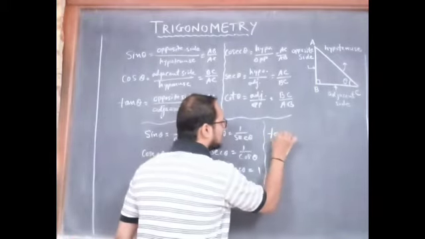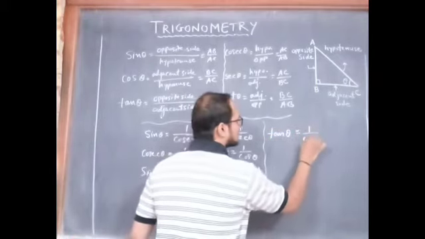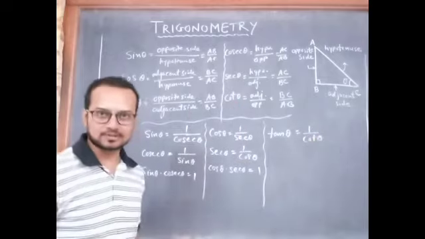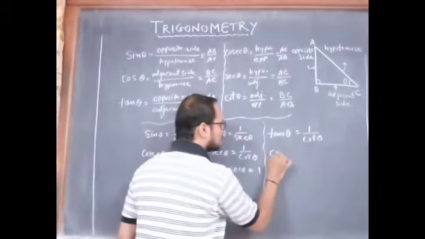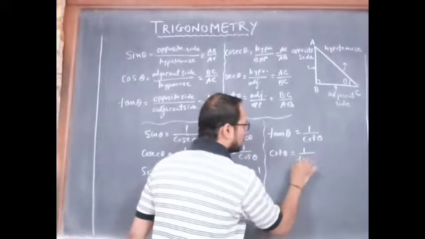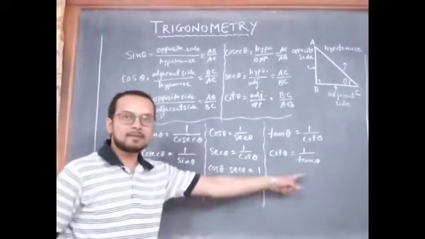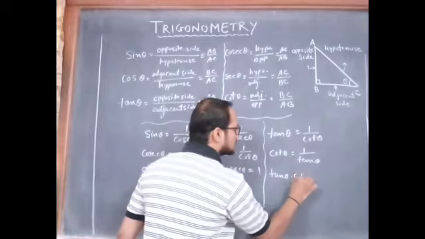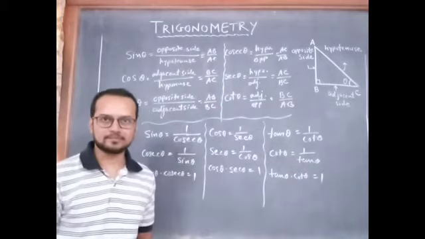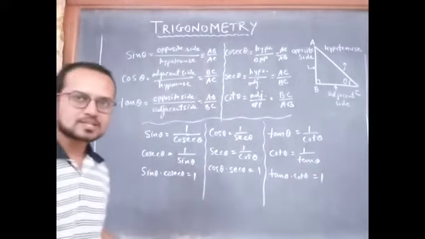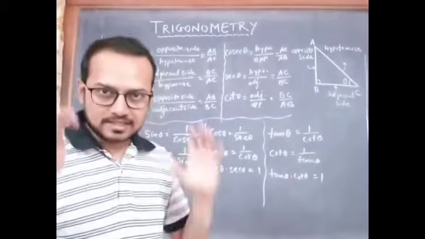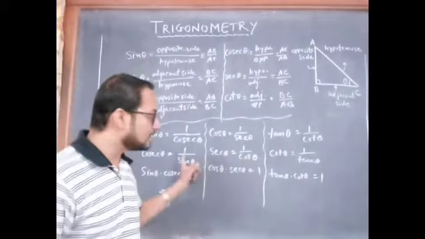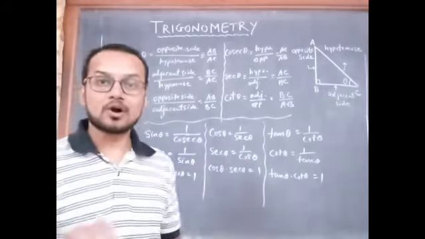Tan theta is the reciprocal of cot theta, so we get tan theta equals 1 upon cot theta, and cot theta equals 1 upon tan theta. If we multiply both of them, we get tan theta into cot theta equals 1. So students, these are the six trigonometric ratios, their definitions or formulas, and the relations between the reciprocals of each other.